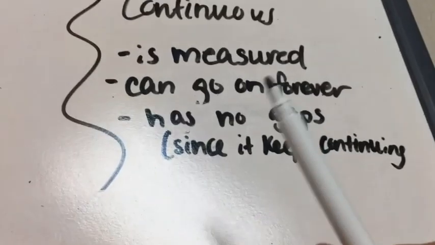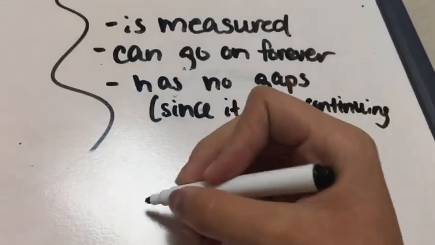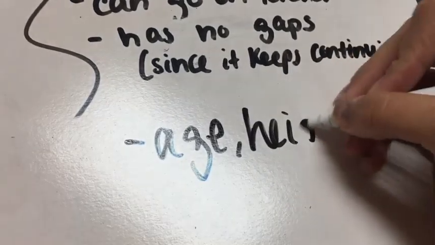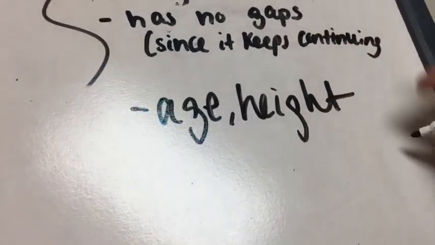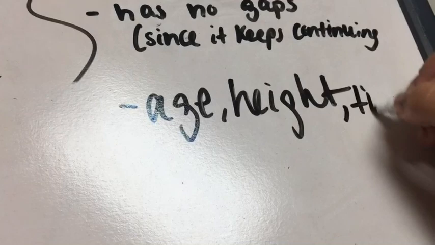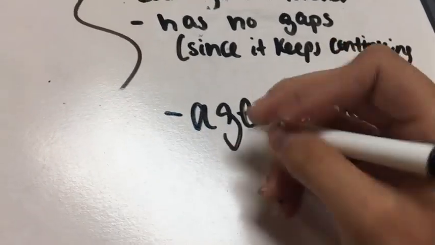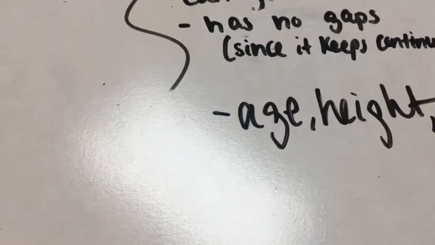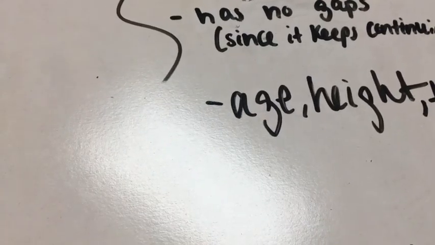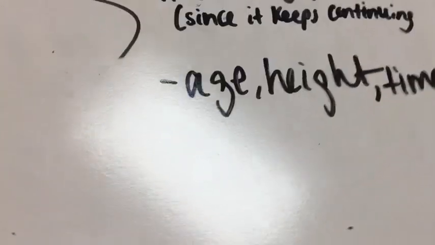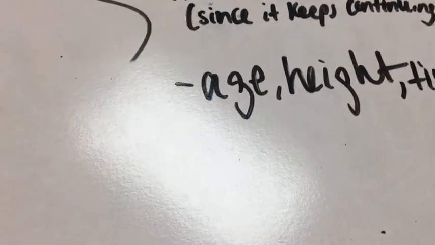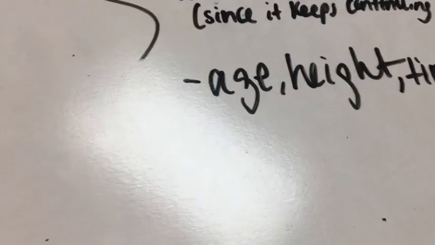And then for continuous data, since it's measured, it can be something like age, a height, or time. Let's say I'm 19 right now, but I'm getting older as I speak, so it's keeping on continuing.